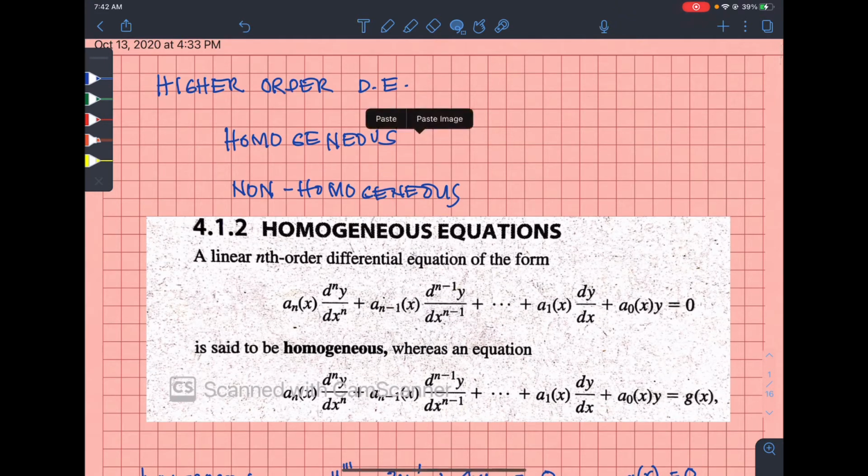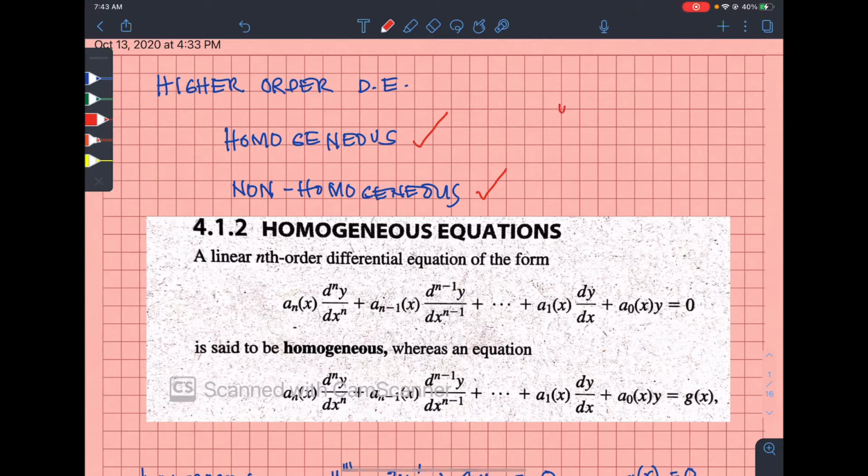For higher order differential equations, there are two types: the homogeneous equation and the non-homogeneous equation. This homogeneous equation is different from the homogeneous that we talked about as a substitution method for first order differential equations. A homogeneous equation is one in which the differential equation involves only the dependent variable together with its constant coefficient and its derivatives.